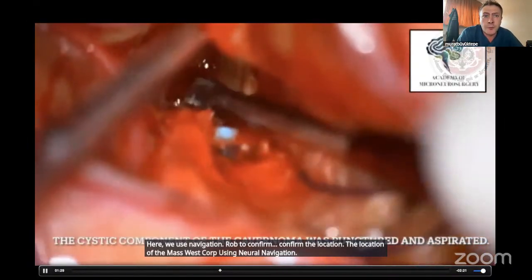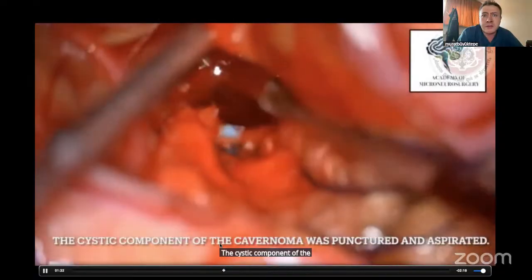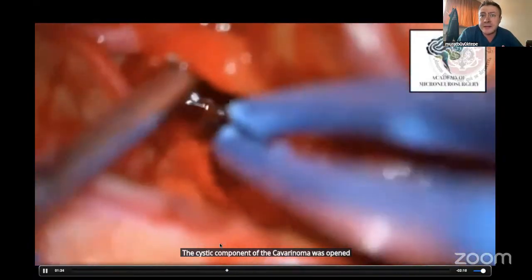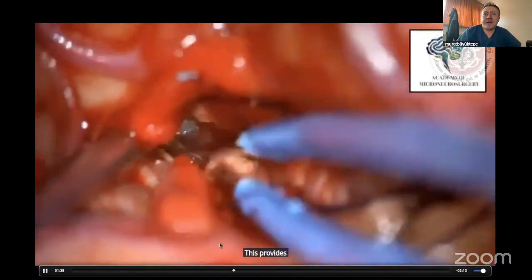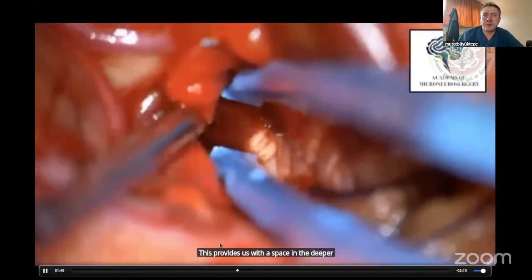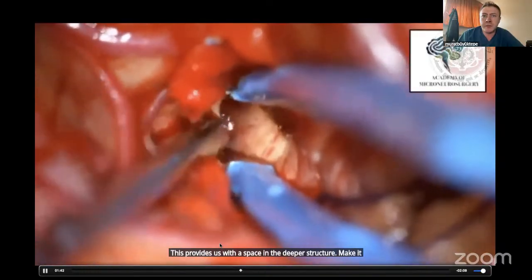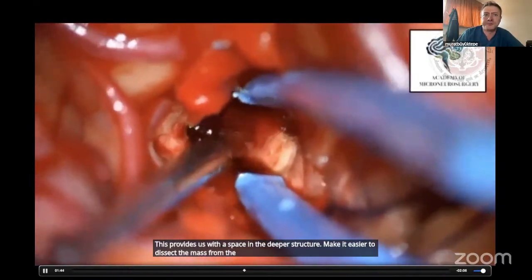The cystic component of the cavernoma was opened first and aspirated. This provides us with a space in the deeper structure, making it easier to dissect the mass from the surrounding tissue.